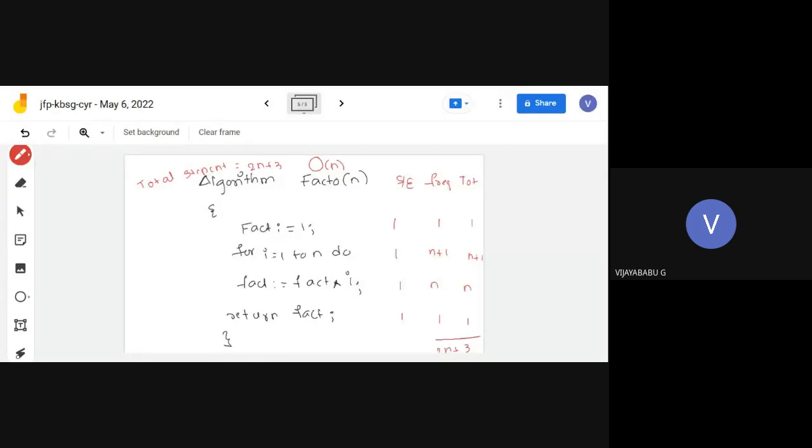And finally, we are going to derive a solution, either logarithmically bounded, polynomially bounded, or exponentially bounded, whatever it is. So here, big O of n, we are representing this one. This is the time complexity. Fine.